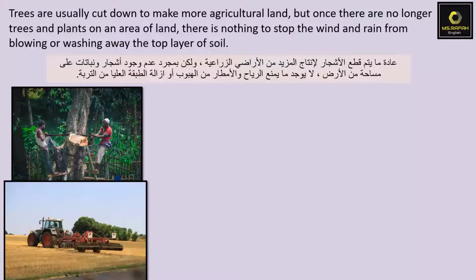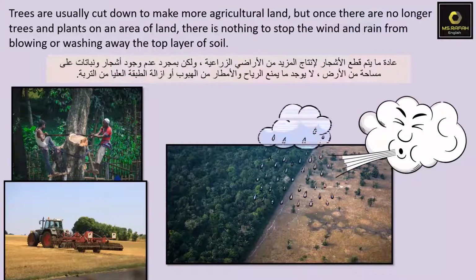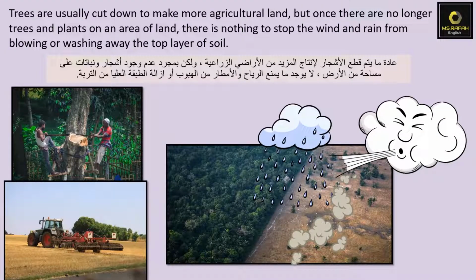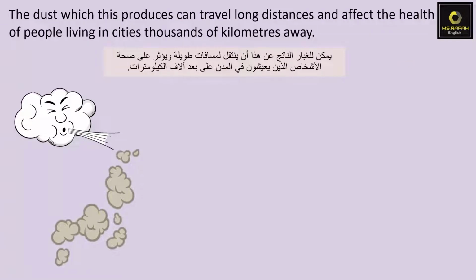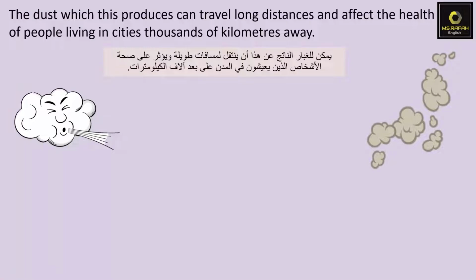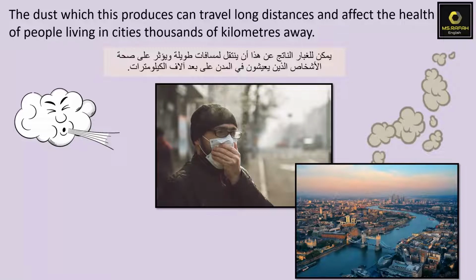But once there are no longer trees and plants on an area of land, there is nothing to stop the wind and rain from blowing or washing away the top layer of soil. The dust which this produces can travel long distances and affect the health of people living in cities thousands of kilometers away.